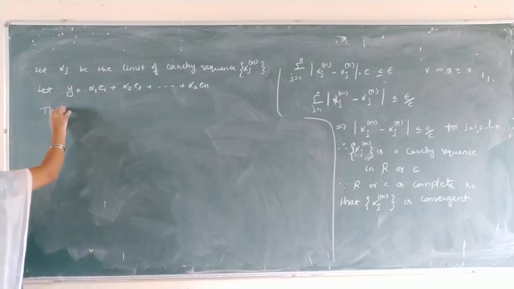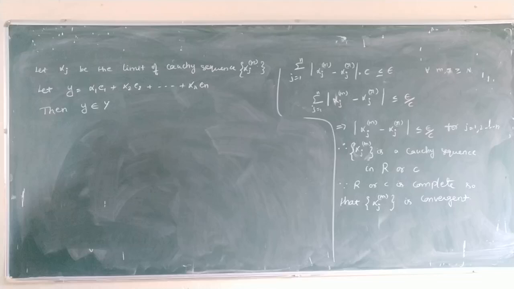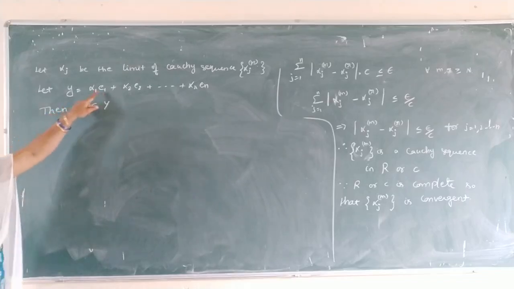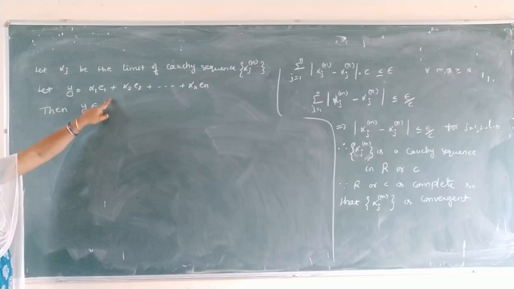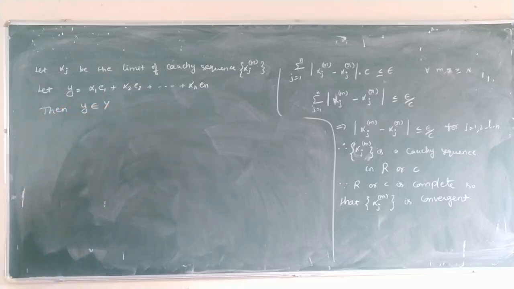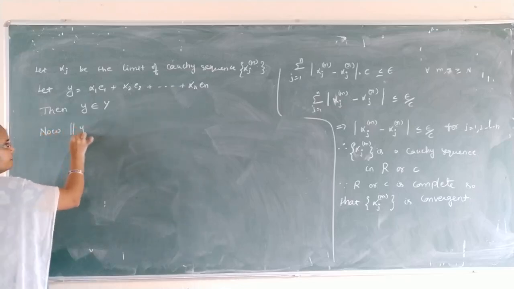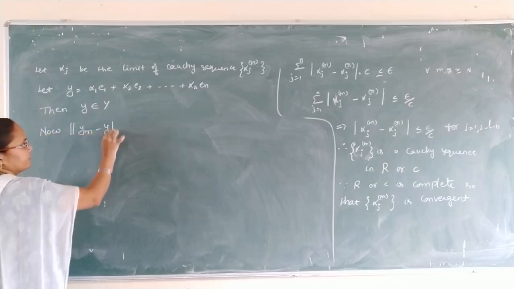Clearly this element belongs to capital Y, because every element can be represented as a linear combination of the basis elements. Basis is for Y, so this small y belongs to capital Y. Now we have to calculate the norm of ym minus y.